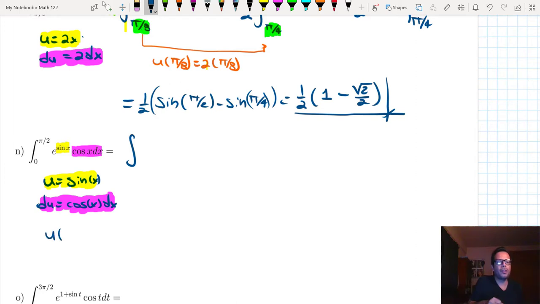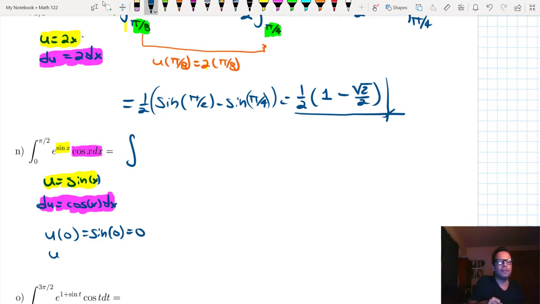u of the lower limit, which is 0, evaluated in the sine function, which is u. So sine of 0, and we know from the unit circle this is 0.